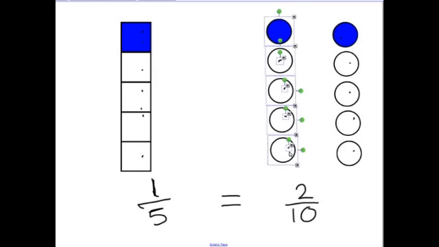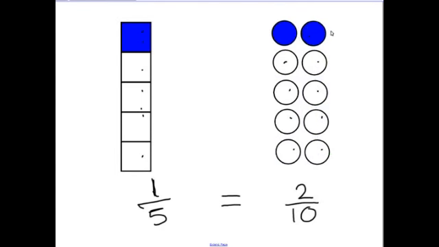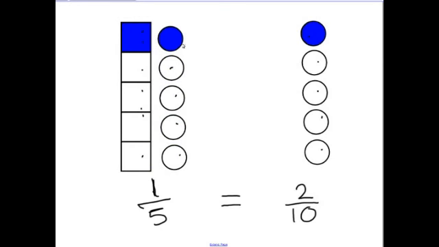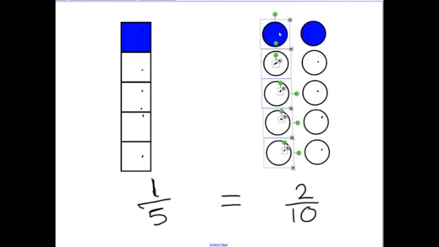With the second fraction we have 2 groups of 5 parts, and so we have 2 blue pieces. But if we simplified it and took 1 part, which would have the same proportion, that would now be 1/5. So these are also equivalent fractions.